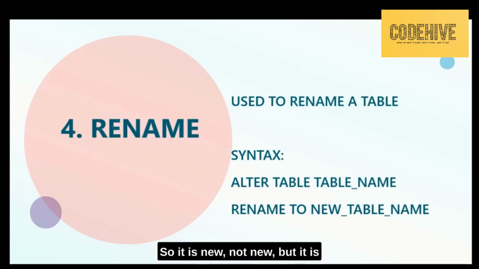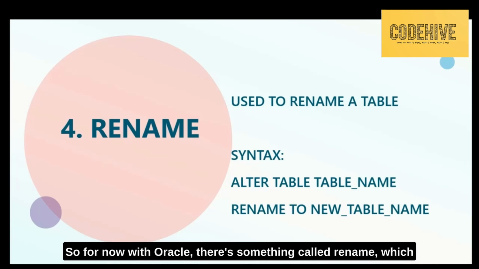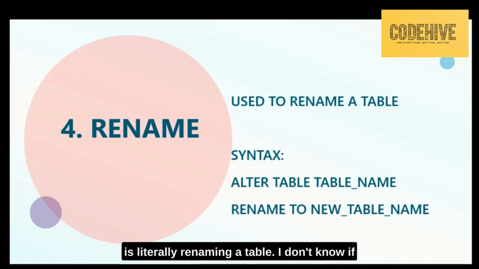And then the last one that we'll be looking at is rename. It is not new, but it is kind of not familiar, because the add and the drop we did look at in the other video where we were using the SQL Server Management Studio. For now with Oracle, there's something called rename, which is literally renaming a table.